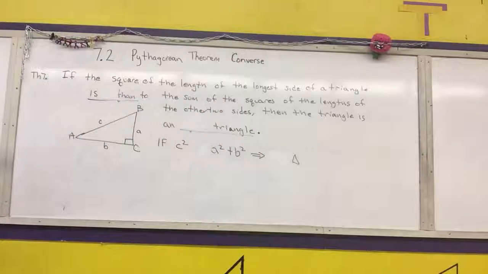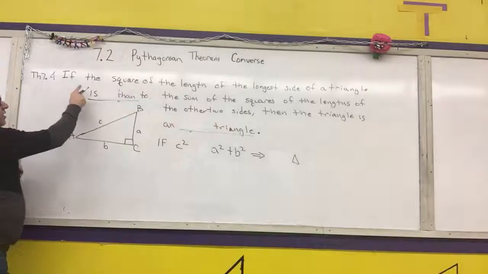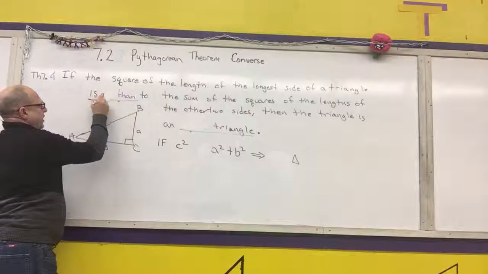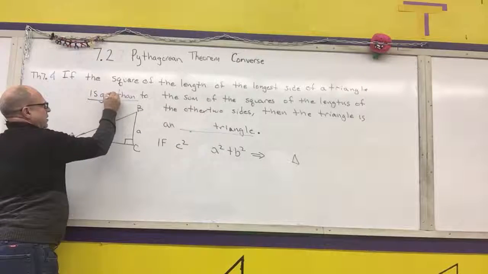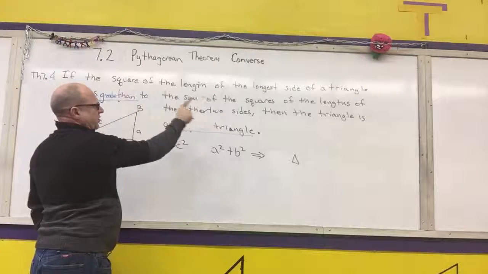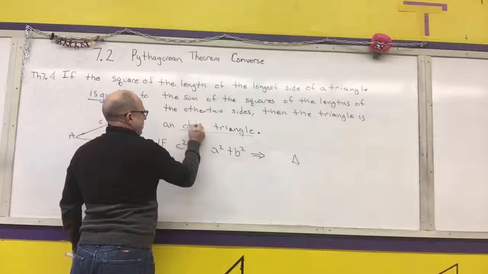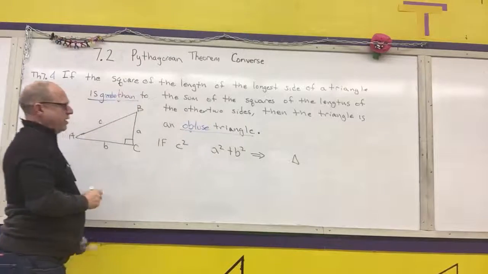Theorem 7.4 states, if the square of the length of the longest side of a triangle is greater than the sum of the squares of the lengths of the other two sides, then the triangle is an obtuse triangle.